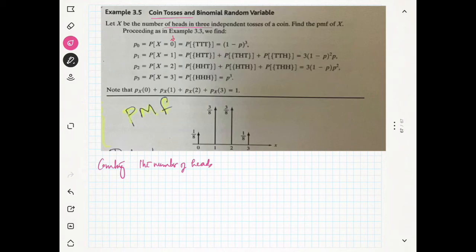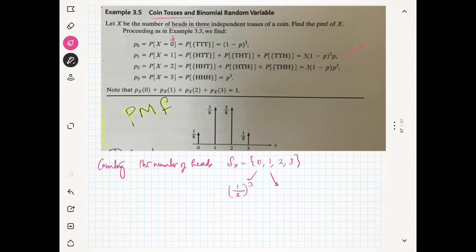That means your random variable can take the sample space 0, 1, 2 and 3. For 0, the probability is 1 by 2 power 3, because all should be tails. Now 1 head, we have already covered this problem. You can see this is the probability.